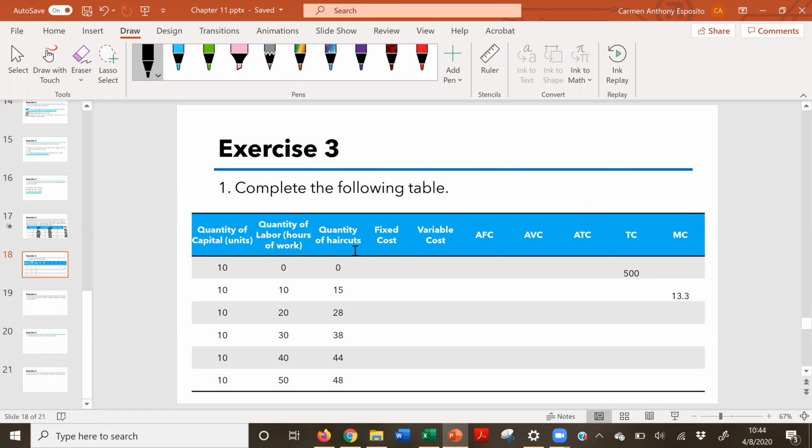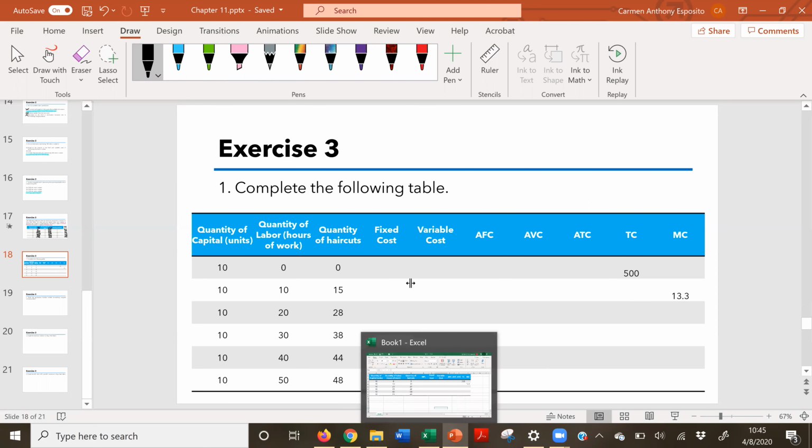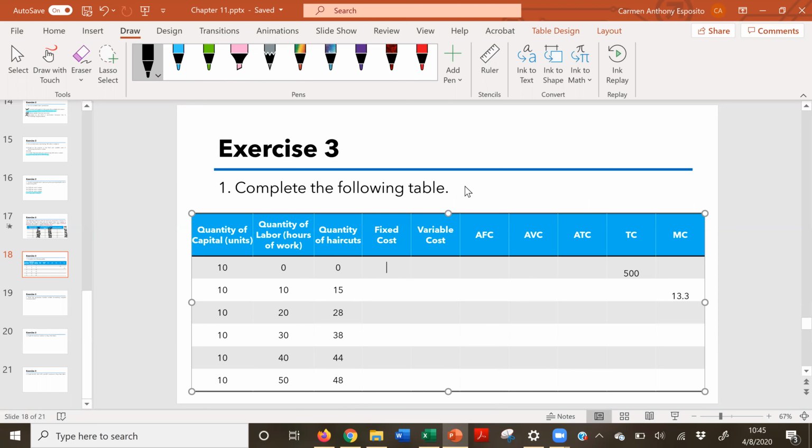Here, we want to complete the following table. Well, we found our fixed cost, we found our variable cost, and we found our total cost. So fixed is 500.